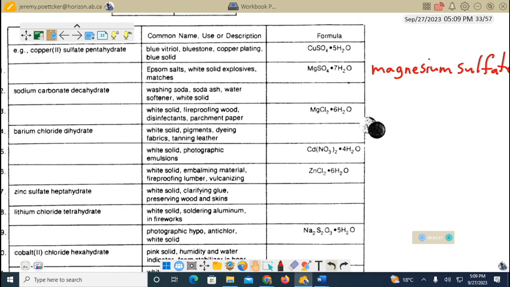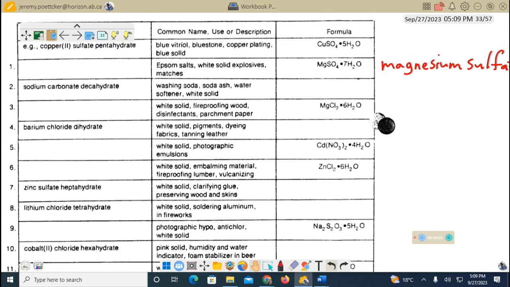Sodium carbonate decahydrate. This is going to be, well, let's hit the right button, that would help too. Try again. Na2CO3.10H2O.